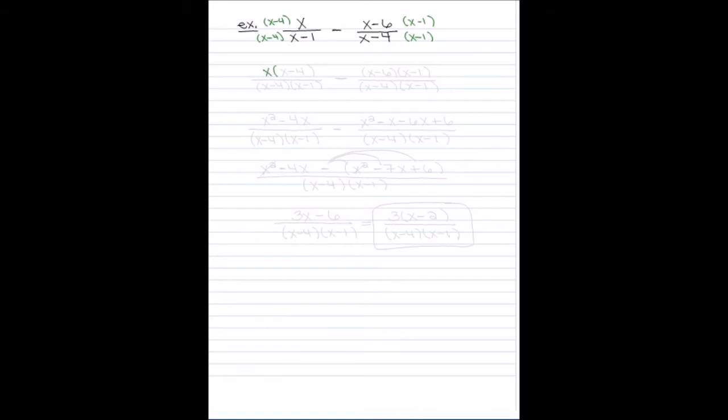So let's rewrite our rational expressions. This is x minus 4, over x minus 4 times x minus 1, minus, on the other side I have x minus 6 times x minus 1, over x minus 4, x minus 1. So my denominators look the same now. I'm going to take the next step and distribute, getting x squared minus 4x over my denominator.